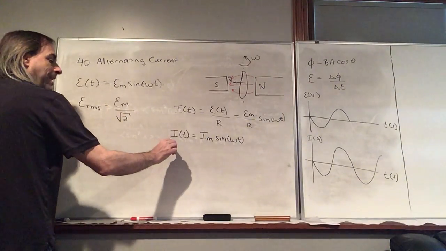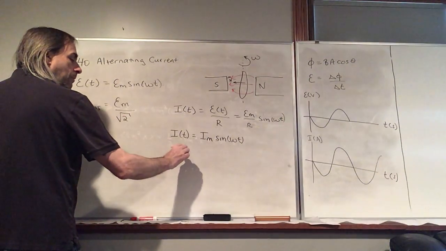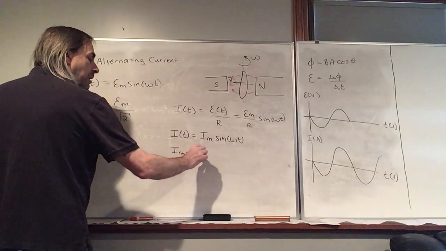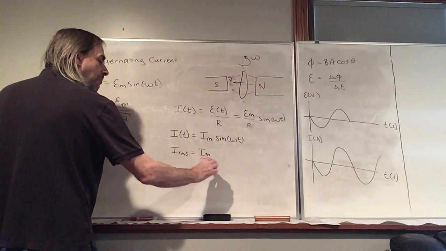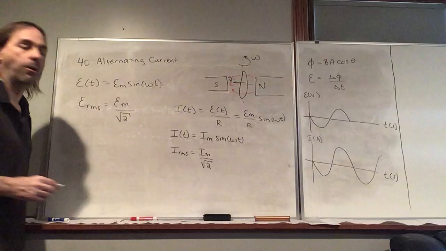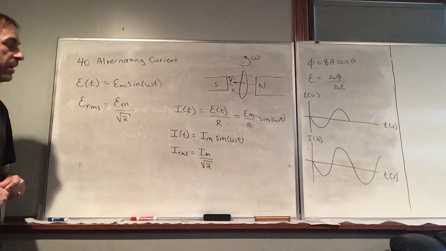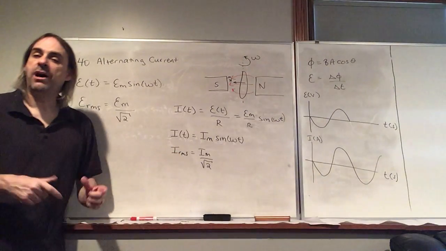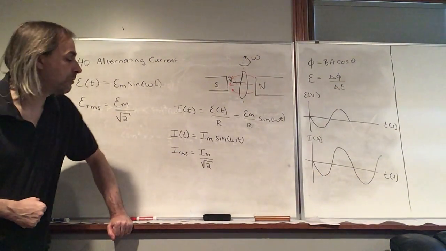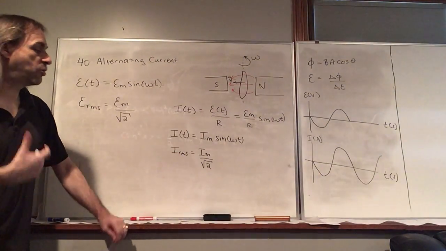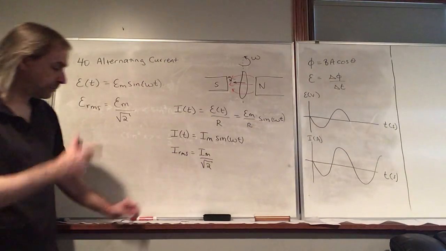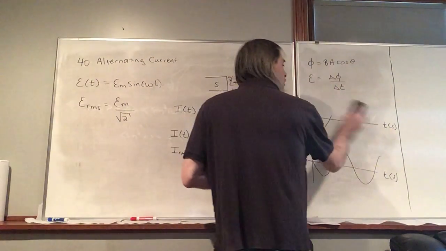And the RMS average is going to be the peak value divided by the square root of 2. So just like the voltage, for the current the peak values and the RMS values are related by the square root of 2.